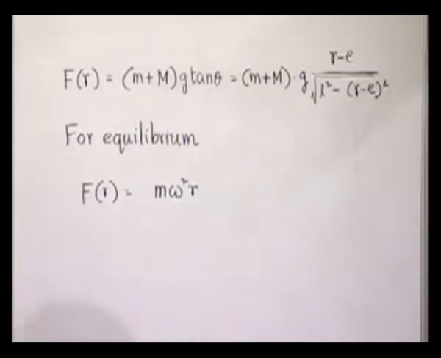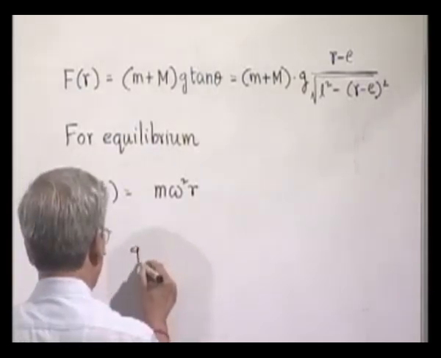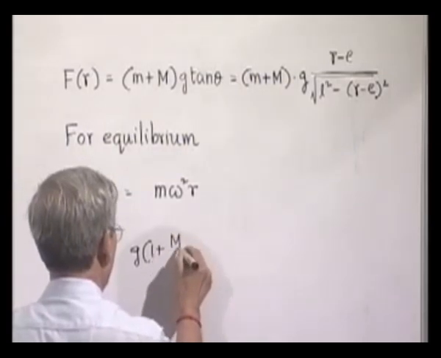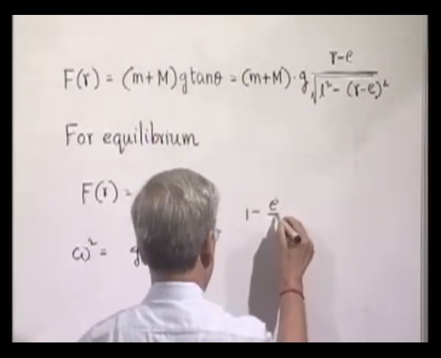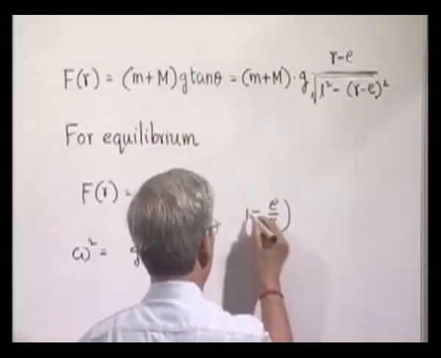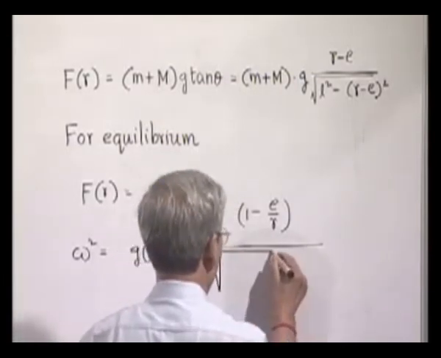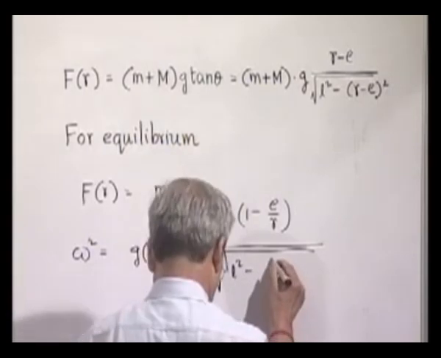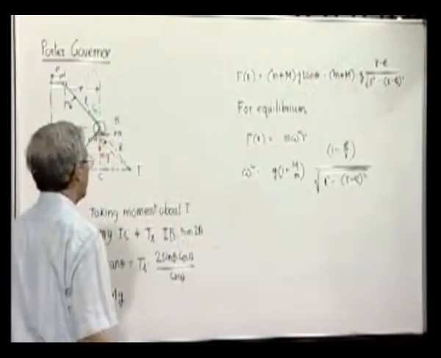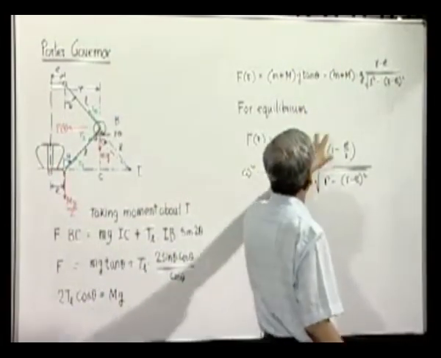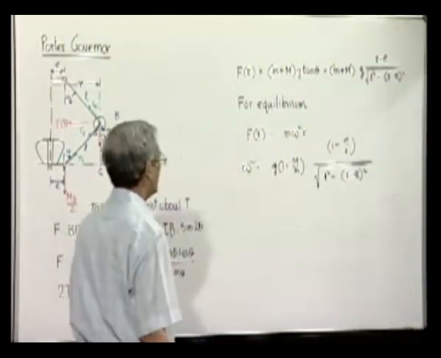So, therefore, we get a relationship between the speed and R. So this is just to equate this with this and find out omega square, there is hardly any calculation involved.